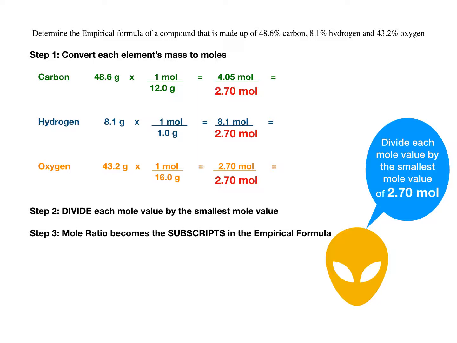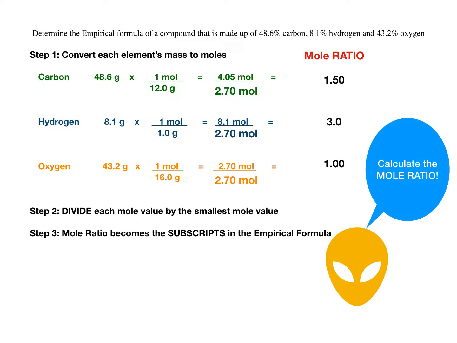When you do this math, notice that it's moles divided by moles, so they reduce to 1, and we are left with a unitless number. Once all units reduce and are gone, we realize that it becomes a ratio. So take a look. Our mole ratio between carbon, hydrogen, and oxygen is 1.50, 3.0, and 1.0.